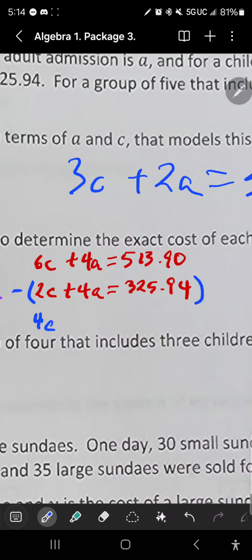So 4a minus 4a, they just cancel out because it becomes 0. So plus 0 or minus 0 is the same. Equal 513.9 minus 325.94.